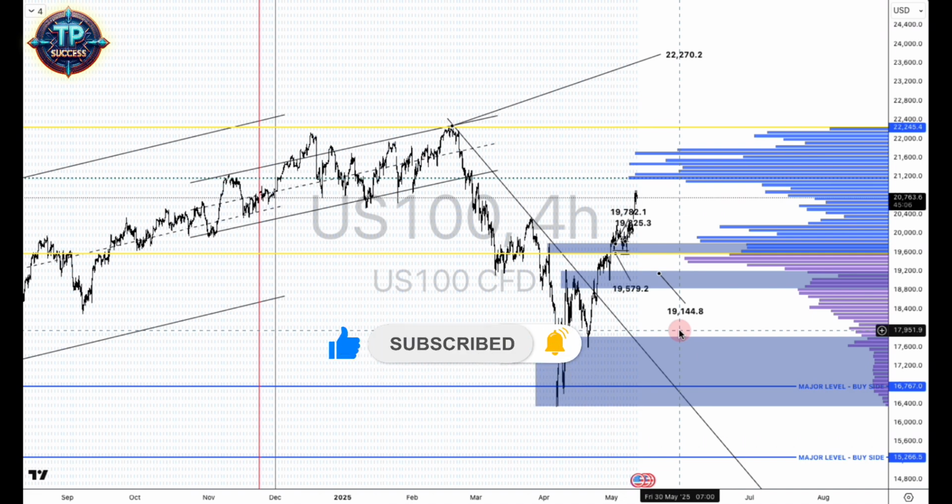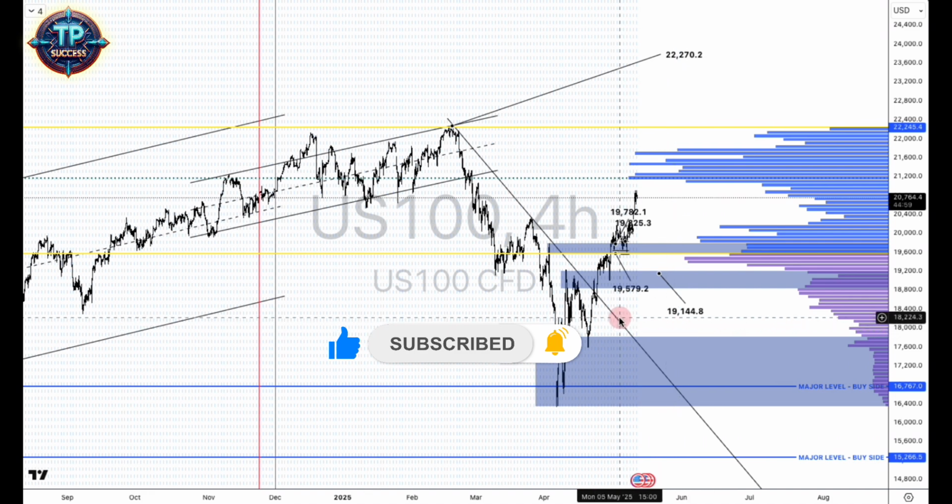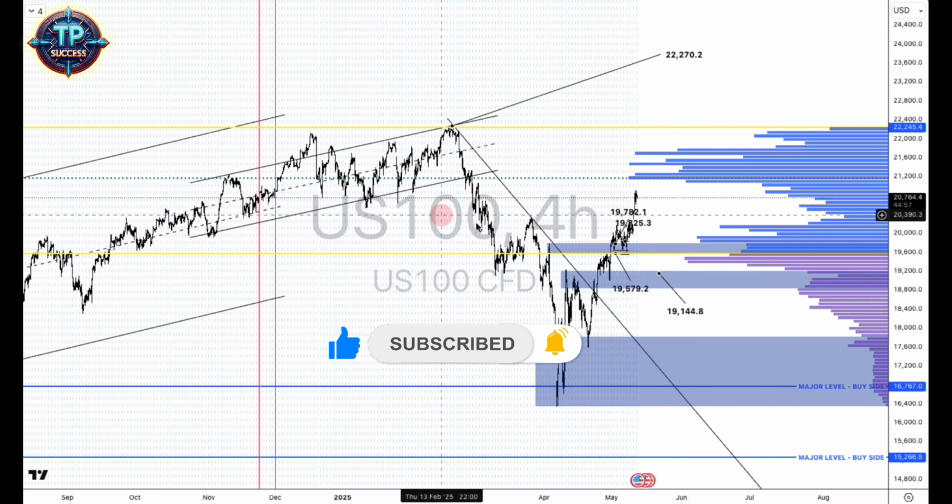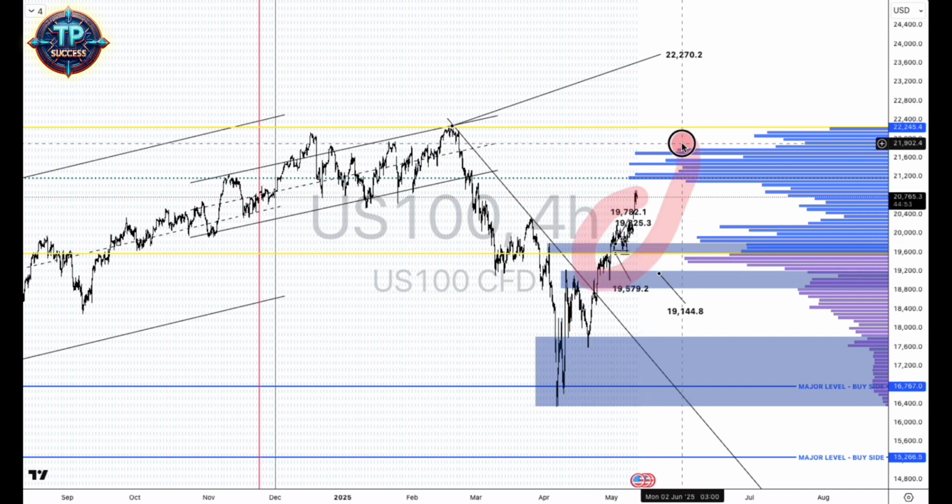Now, why they would do that, only God knows. But it makes sense why we could be getting insane news and data as the market begins to push upwards.